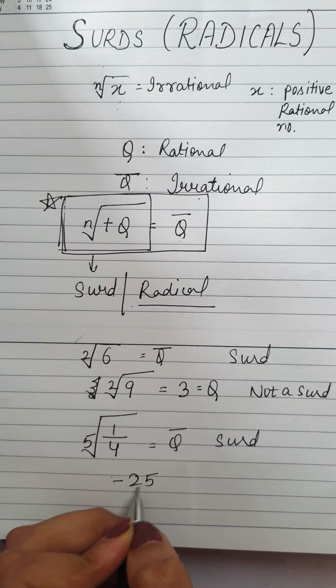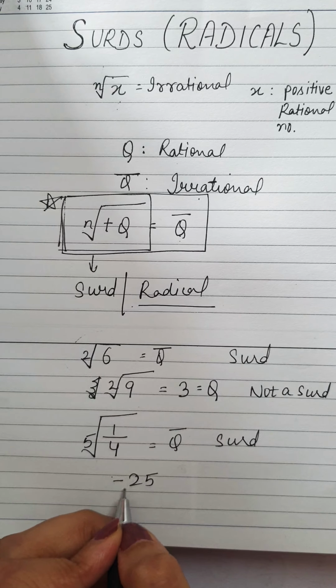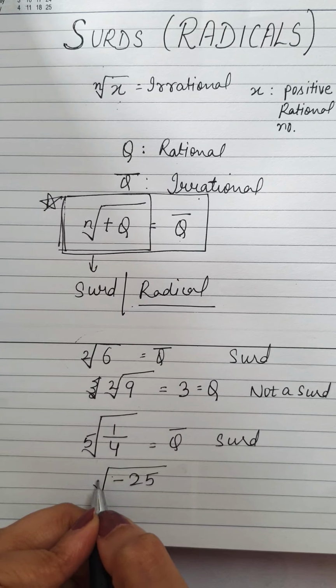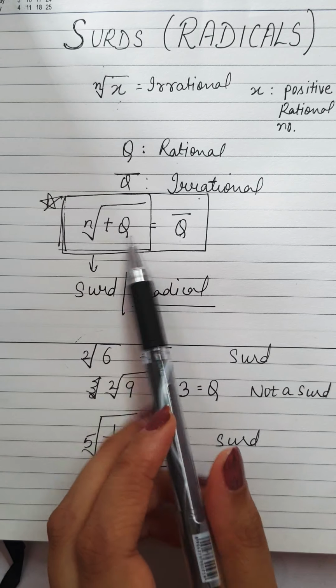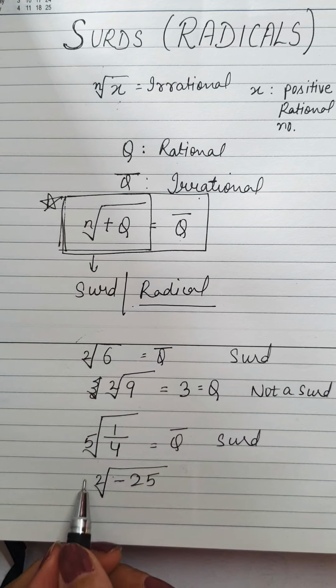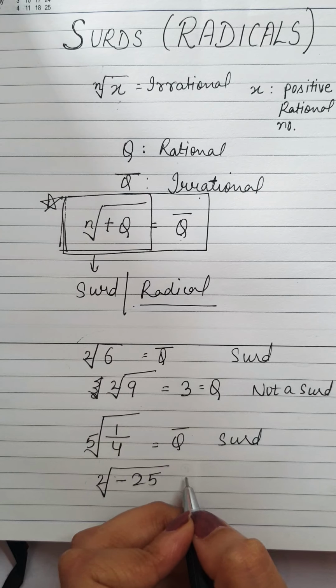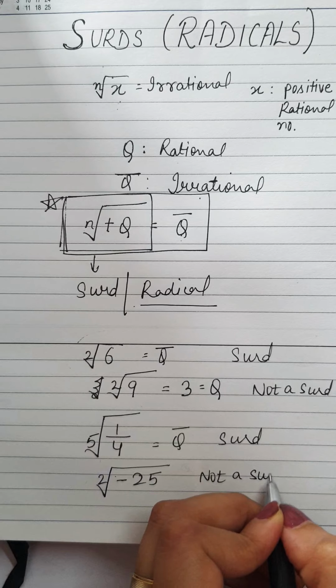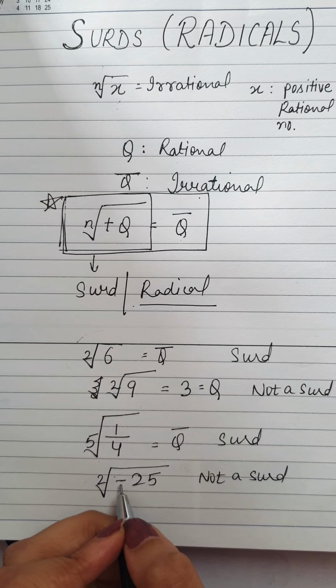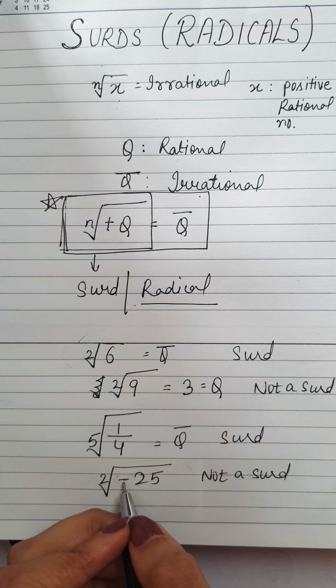It's a rational number but with a minus sign. So even if I apply anything, since it is negative and I need only positive, I need not go to the next step. Directly I can say it is not a surd, because inside the root we have a negative number.